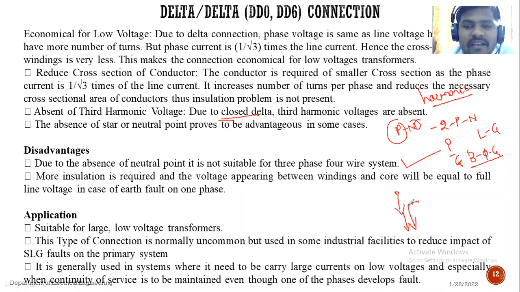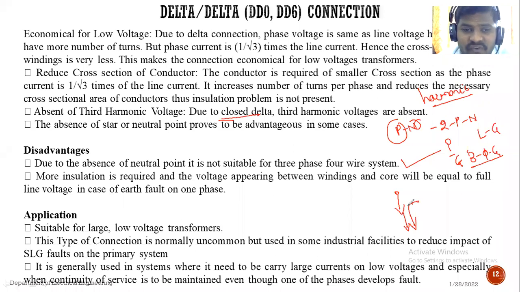Similarly, if such a fault occurs, a one phase to earth fault, in that situation the full voltage will travel via the ground line, equal to the full line voltage in case of earth fault.